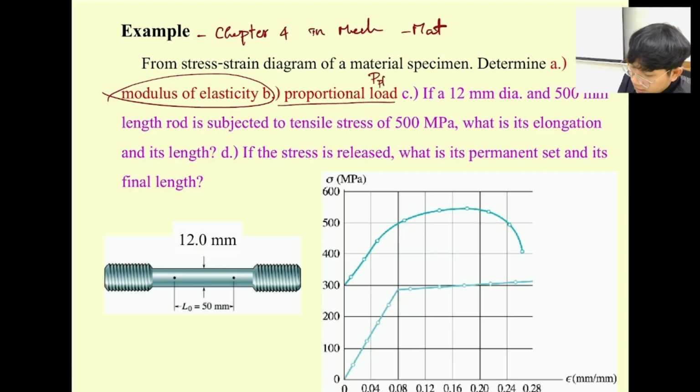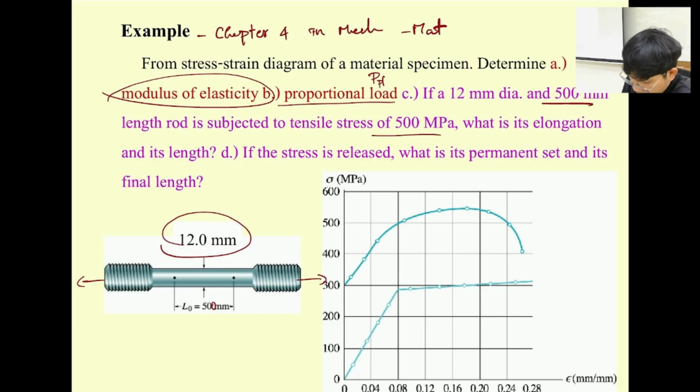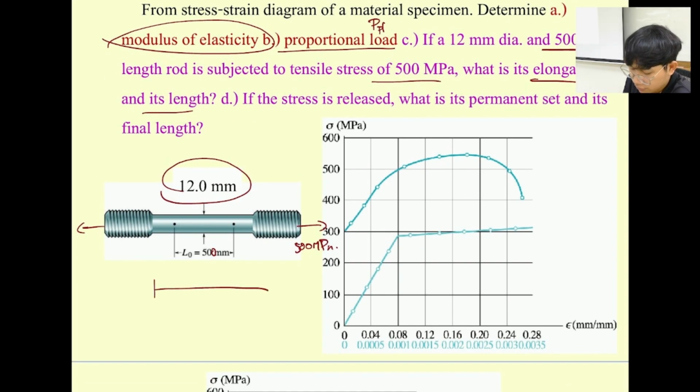And C, they said that there's a rod with a diameter of 12.0 millimeters and the length over here is not 50, it's 500 millimeters. And then it's subject to a tensile force, which means they pull it to 500 MPa, and then what is the elongation and its length. So they would like to know the elongation during the pulling.